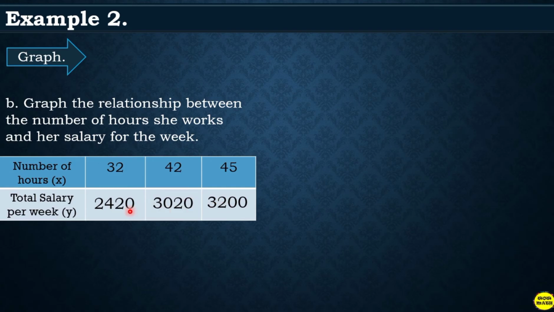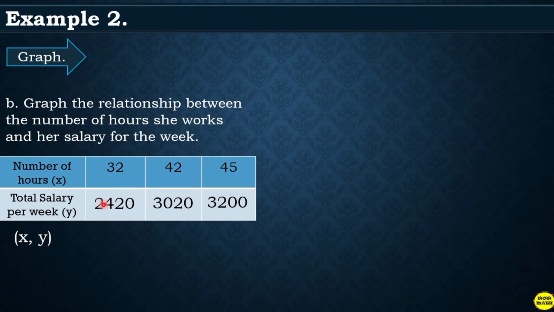Okay. So, for us to graph, kasi ang sabi sa question natin sa letter B is we have to graph. So, paano ba tayo mag-graph? You have to determine first your ordered pair. So, we cannot graph kapag hindi mo alam yung ordered pair mo kasi magpa-plot tayo ng points. How can you graph if you do not have the points? Okay? So, ang ordered pair natin is represented as XY. Okay?